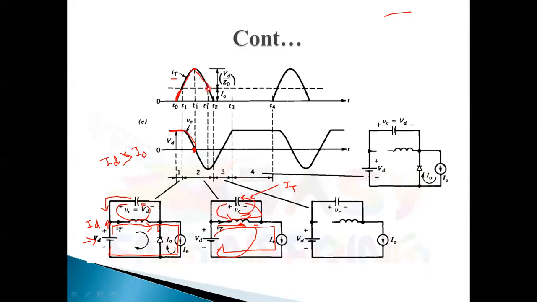IT is decreasing because it charges the capacitor in the reverse direction. You can see here that the voltage across the capacitor is increasing in negative, because IT current gives the energy of the inductor to the capacitor in the reverse direction.